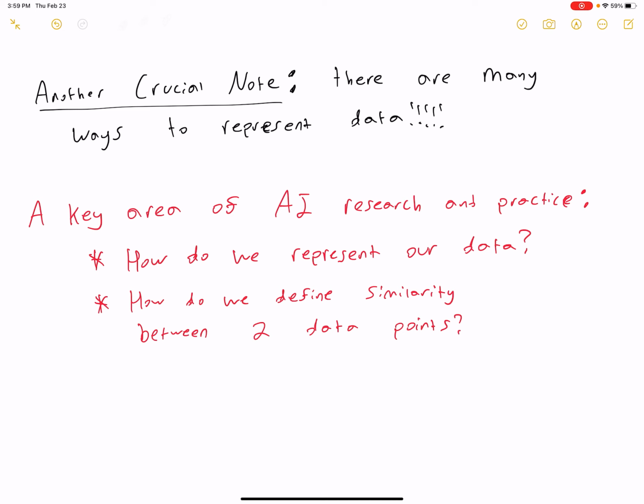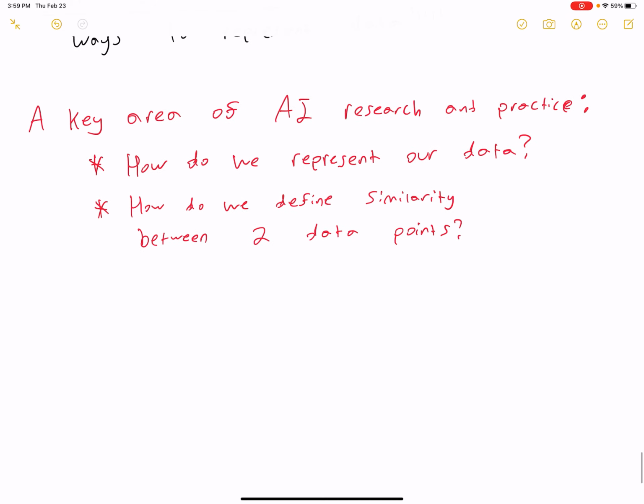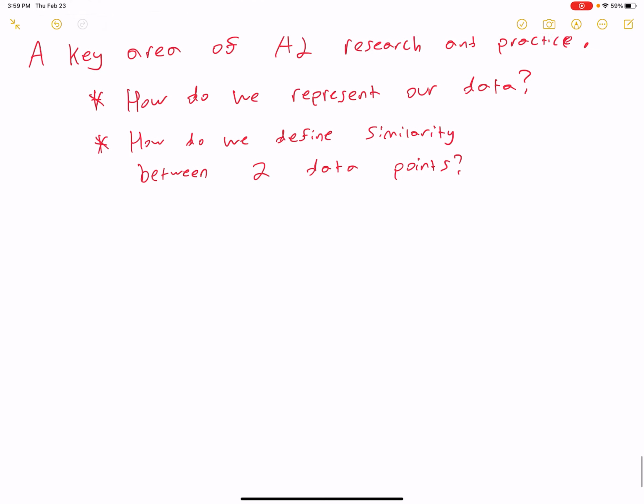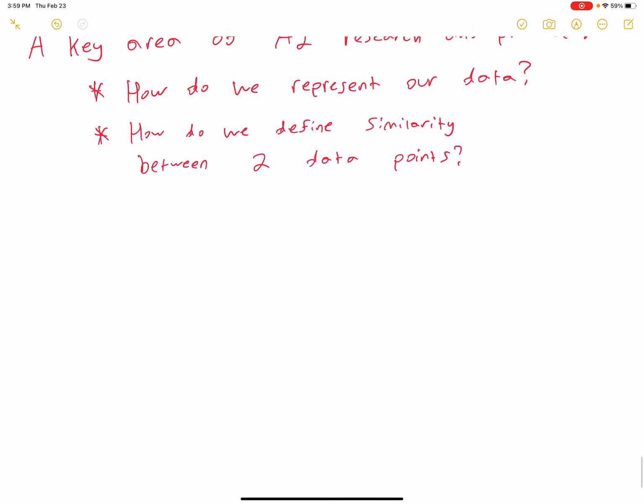And so we're going to now move into two topics, actually three: feature engineering, which is how do we engineer explicitly good representations of our data, as well as representation learning, which is how do we automatically learn representations of our data, which is kind of cool.